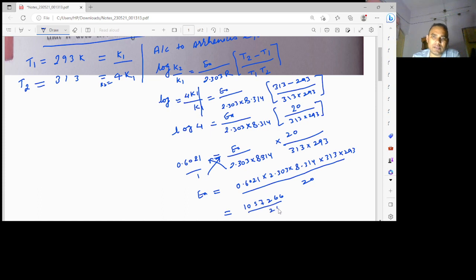So it comes to 52863 joule per mole. If you want to convert into kilojoule, you have to divide by 1000. So 52.863 kilojoule per mole. This is the answer, dear students.